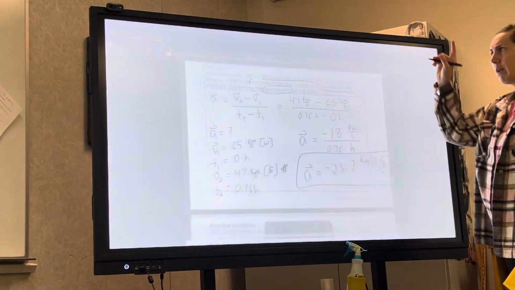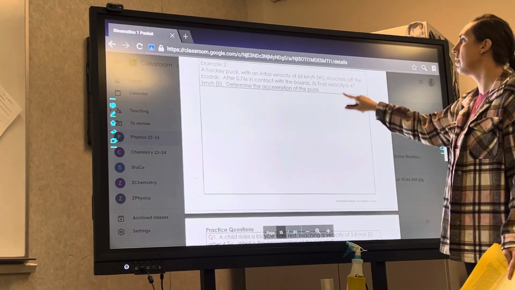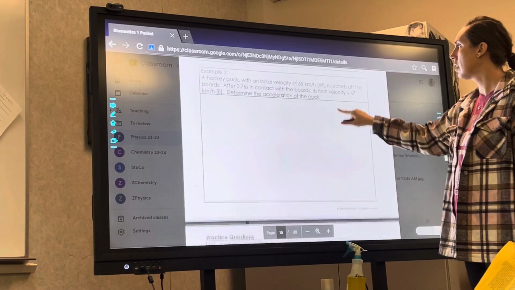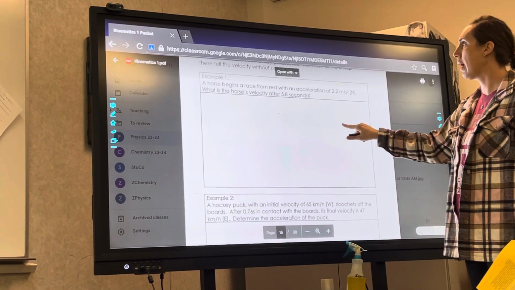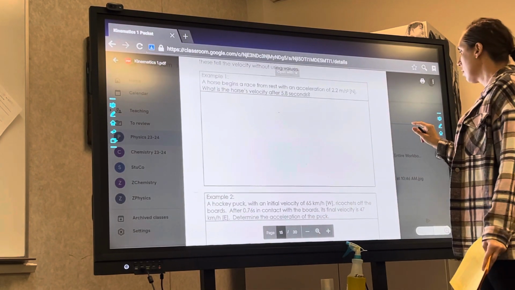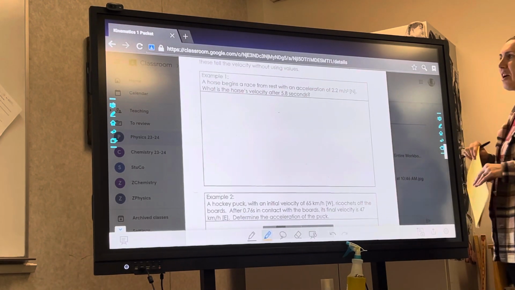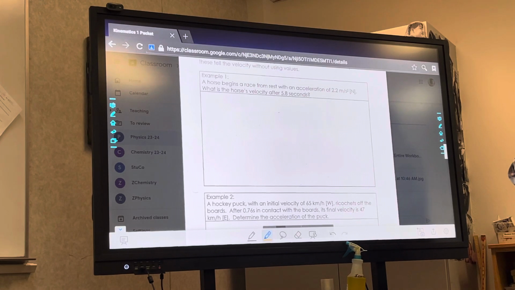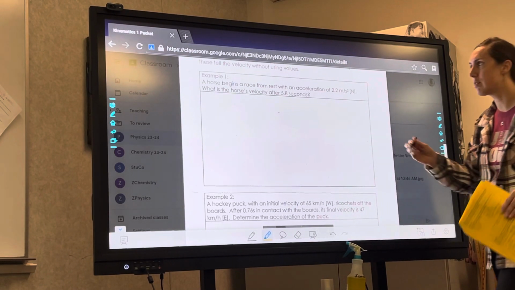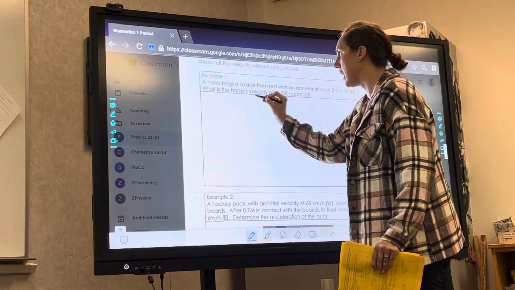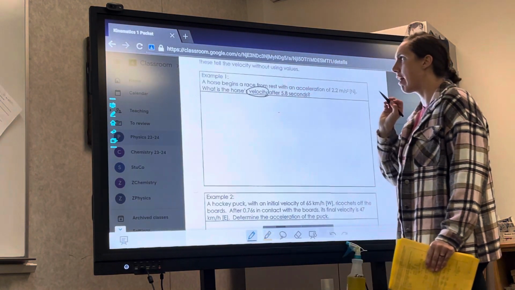Okay, so now let's go back up to question number 1. A horse begins a race from rest with an acceleration of 2.2 meters per second squared north. What is the horse's velocity after 5.8 seconds?